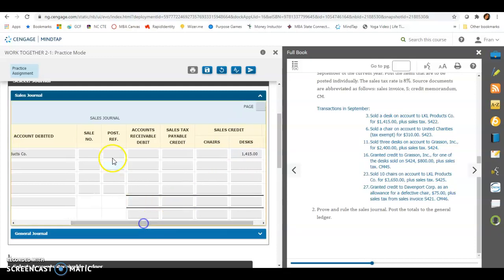Okay, but there's sales tax. The sales tax, 8% on a $1,415 desk is $113.20. Oh, I forgot to put the sale number in here, 422. So to figure out the total accounts receivable, you'll add the amount of the desk and the amount of the sales tax, and the total is going to be $1,528.20.